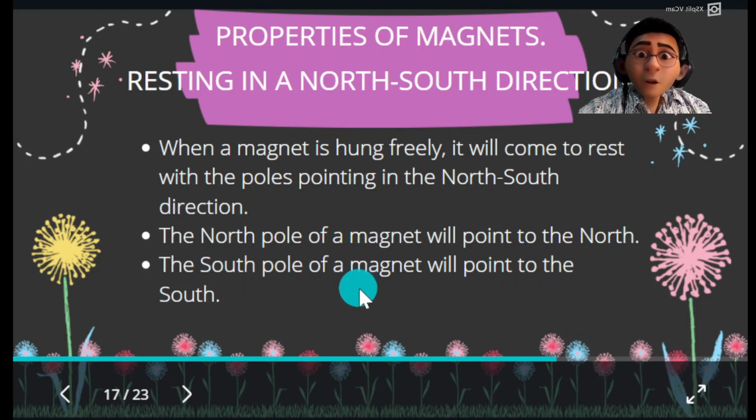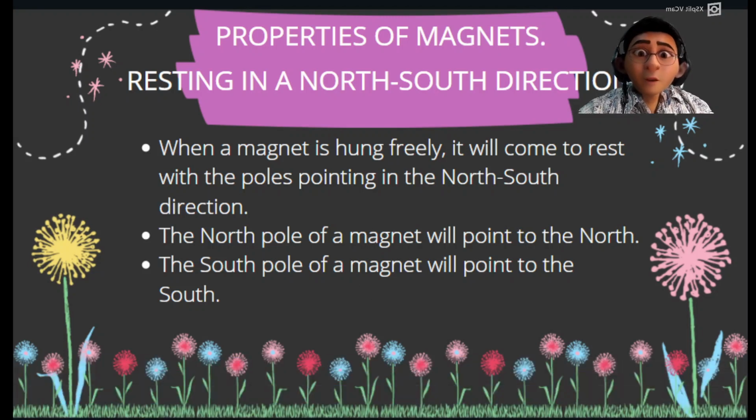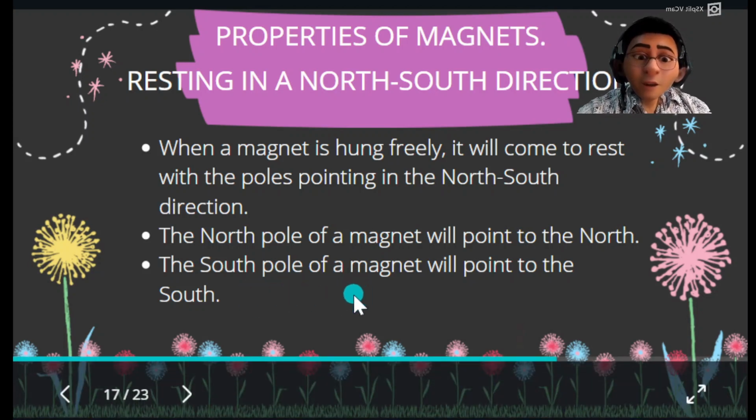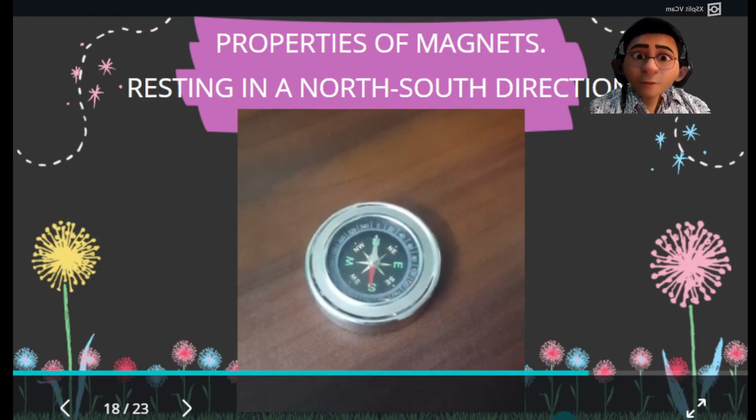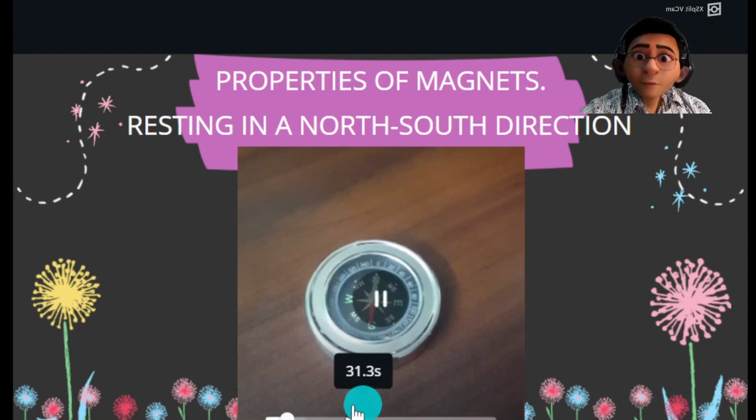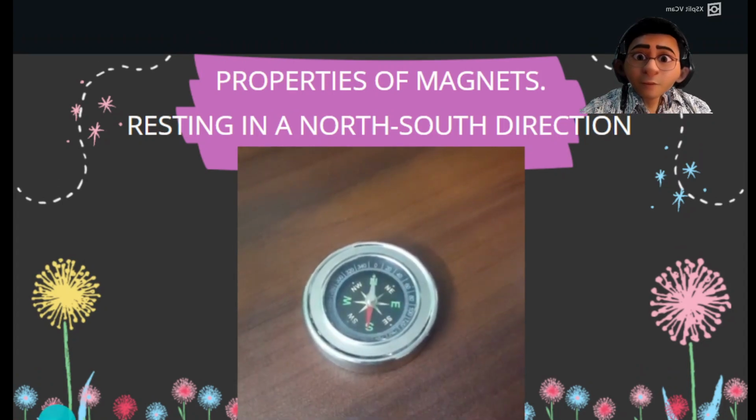When we hang a bar magnet, the red side, the north side, will always point to the north, and the blue side will always point to the south. You will see in this video how a bar magnet, when suspended, points in the north-south direction of the poles of the earth.